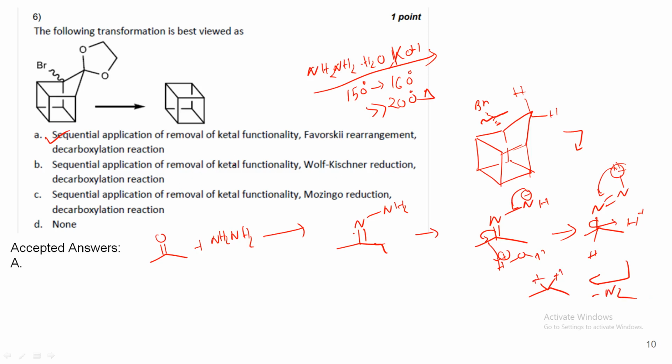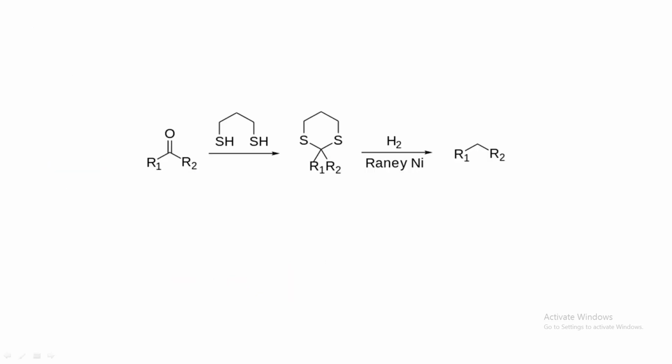So next thing is this one, Mozingo reduction. Again, Mozingo or Wolff-Kishner, this kind of reduction just converts this functionality to this. It cannot do the configuration which Favorskii can. So this cannot be the right option. So Mozingo is this particular reaction, and you can see that it is quite related to ketal formation.